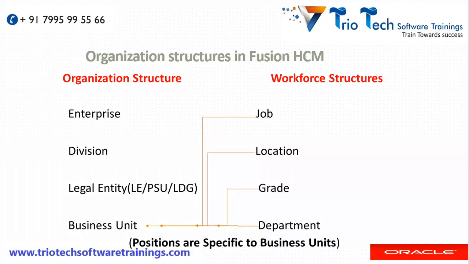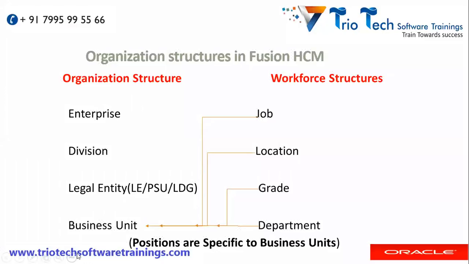There are different companies under Reliance, right? So these are called legal entities in the system, the actual companies of the client. So in Fusion language, the company will be called as legal entity. The companies which are legally registered as per the Companies Act of that respective country, that is legal entities.